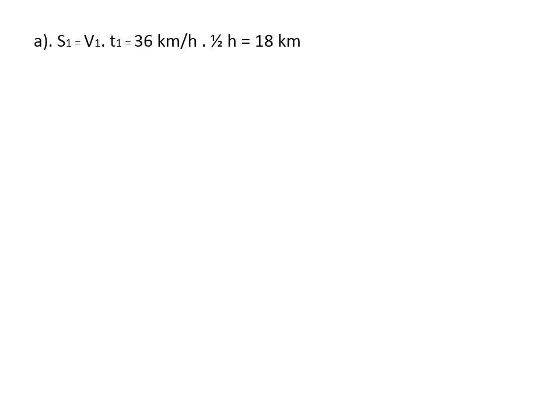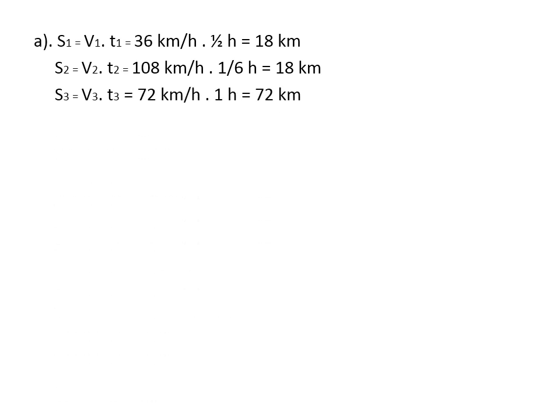To get s1 equals v1 times t1 equals 36 km per hour times half hour equals 18 kilometers. s2 equals v2 times t2 equals 108 km per hour times 1/6 hour equals 18 kilometers. s3 equals v3 times t3 equals 72 km per hour times 1 hour equals 72 kilometers.